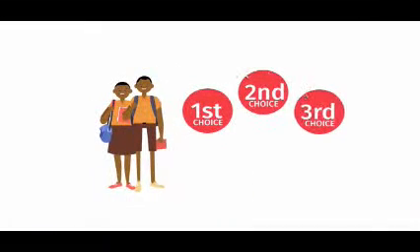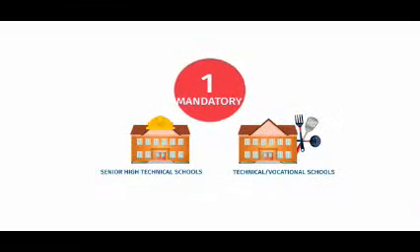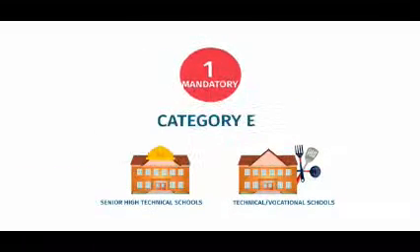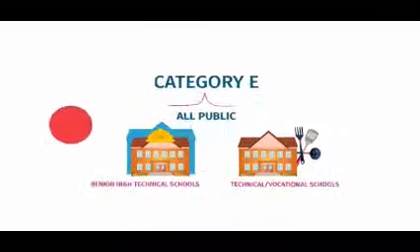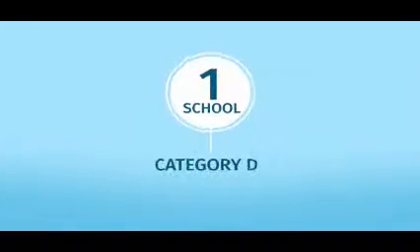A candidate can select all 3 choices from Category C or Category E. Additionally, candidates are to select 1 mandatory senior high technical or vocational technical school and program from Category E. This category consists of all public senior high technical and vocational schools in Ghana. Candidates must know that when placed in a school in this category, the program of choice shall be a technical or vocational program. Also, candidates are to select 1 school from Category D.